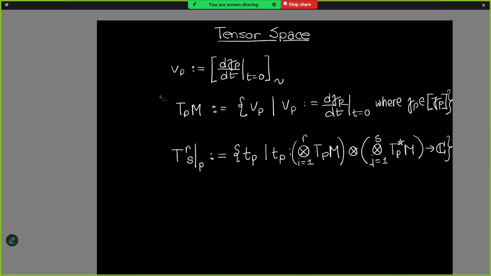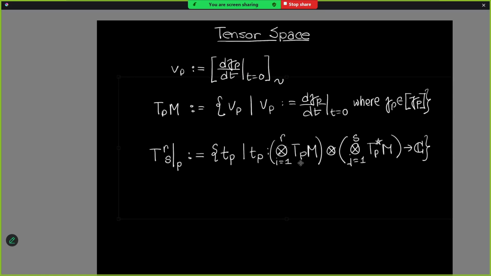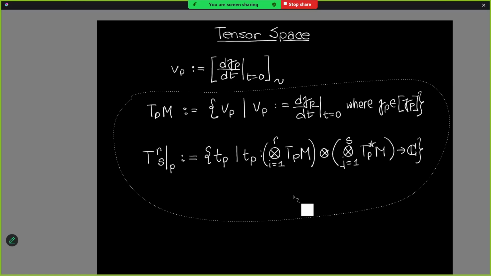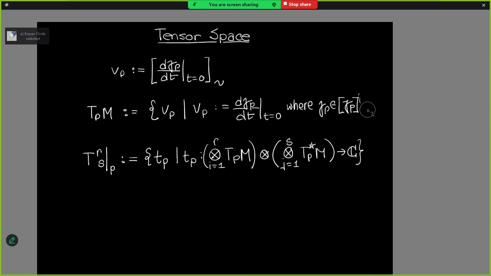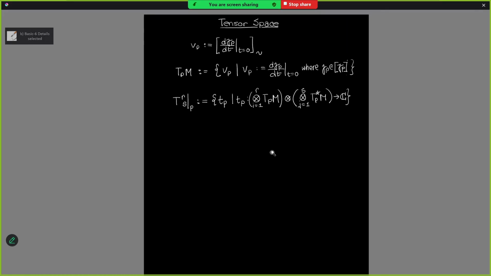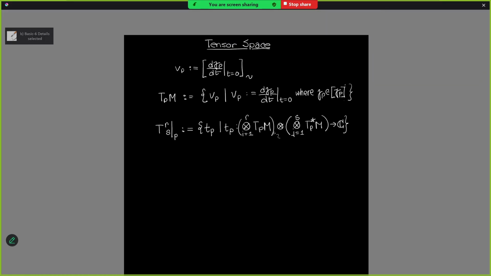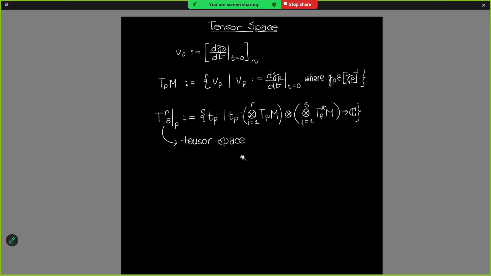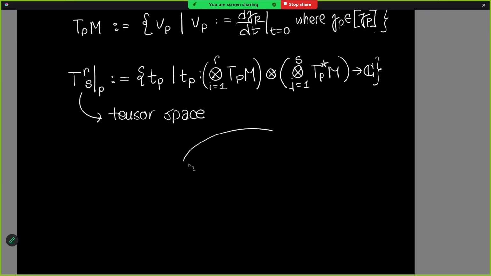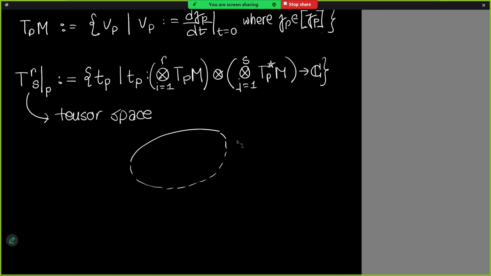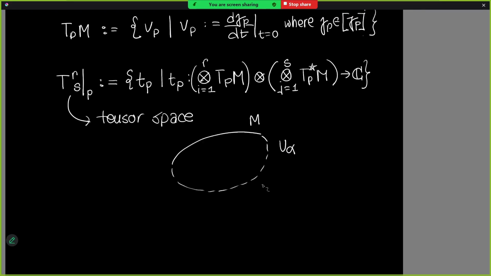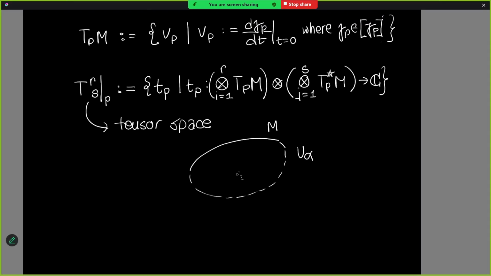Let me bring that a little bit to the side, make it easier to read. So this is what we call the tensor space. We haven't been drawing many diagrams recently, so let me draw a diagram. Let's say that this is an open set U_alpha on our manifold M, just because this is a subset of our manifold.